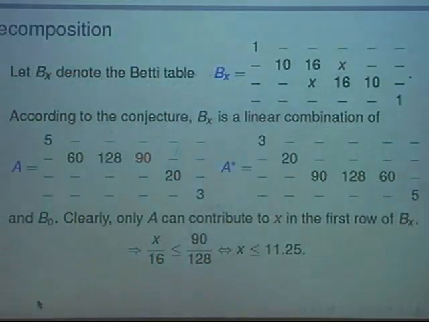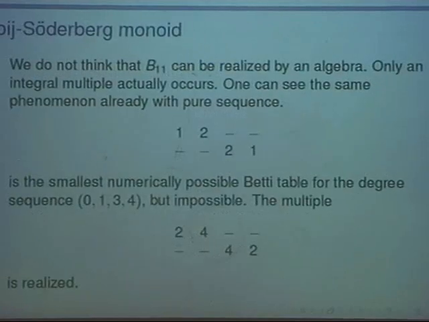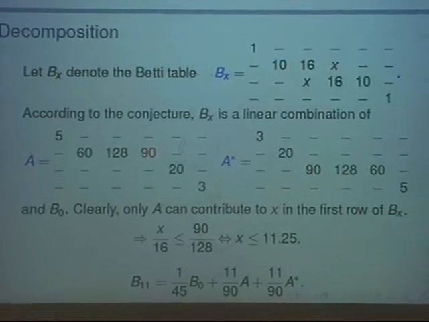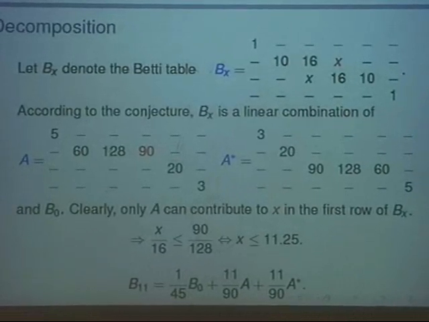This means that x is at most 11.25. And if we look, for example, at B11, it is indeed the sum of these three tables with these rational coefficients. I don't believe that this diagram B11 actually occurs, because it didn't occur for smooth curves. That's not a very good reason, but anyway, I believe nevertheless that it doesn't occur.